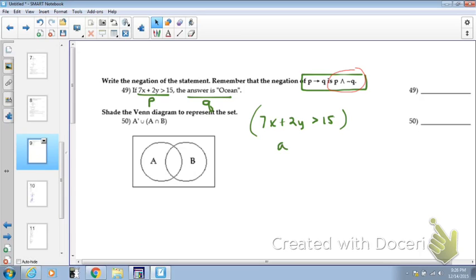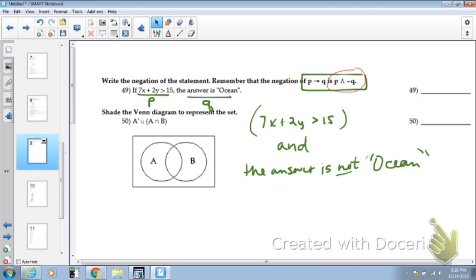And not q. So the answer is not ocean. So that's how you need to do the negation.